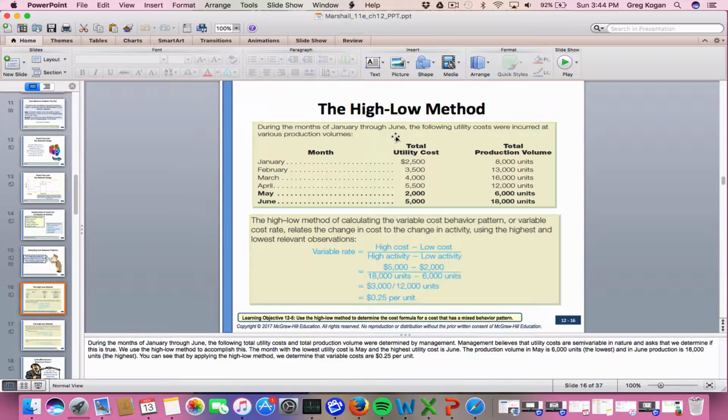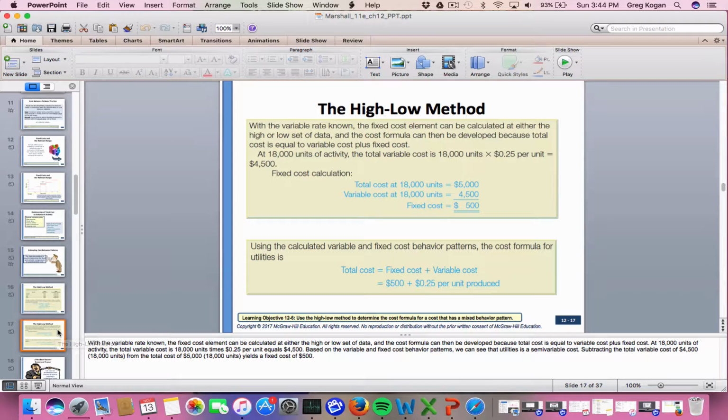So during the months of January through June, this is the utility cost that was incurred, and we can estimate on it per unit. Of course, we could also take the average units produced and the average utility cost and streamline it, but basically we're trying to come up with a variable cost regarding utilities.